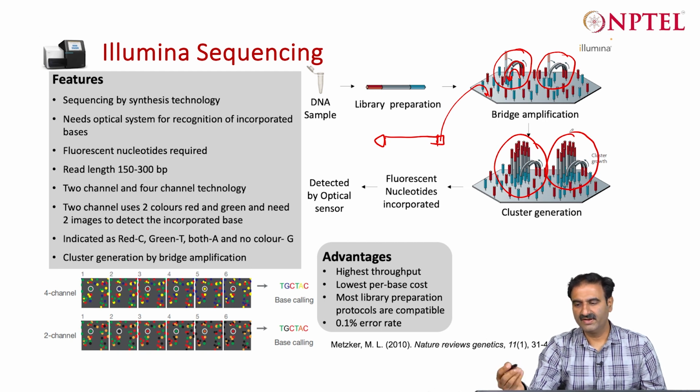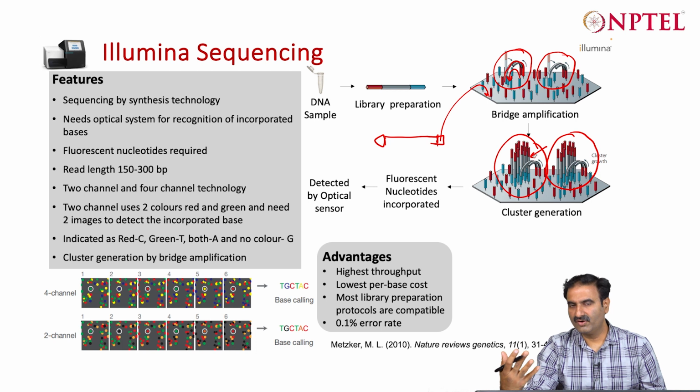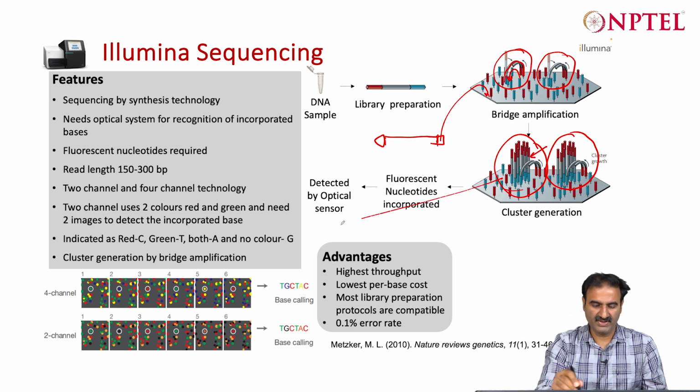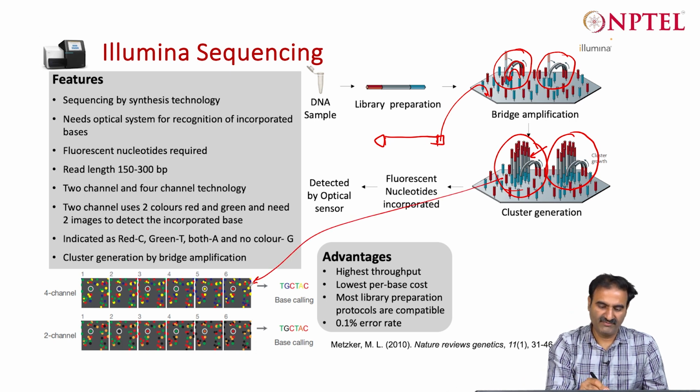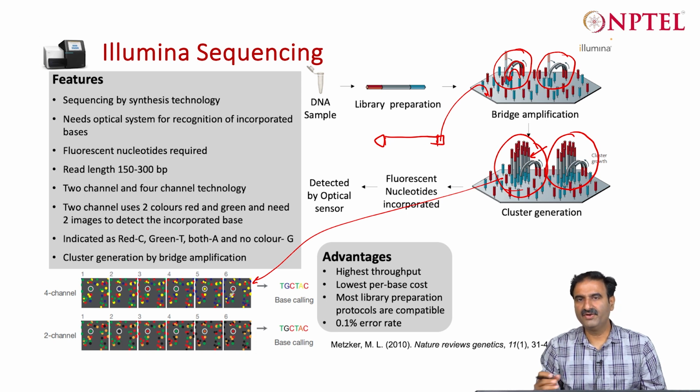For each of these clusters, whenever a nucleotide is inserted, based on the nucleotide inserted, because all 4 nucleotides have 4 different signals, you will get a signal from this region. If you see different dots here, these are the different clusters producing a signal.